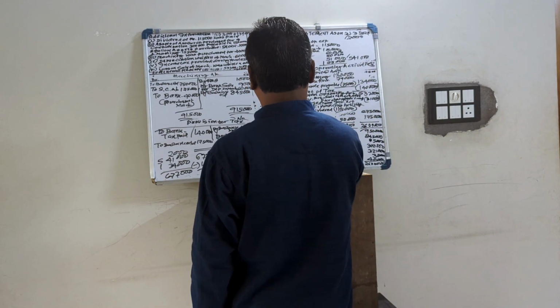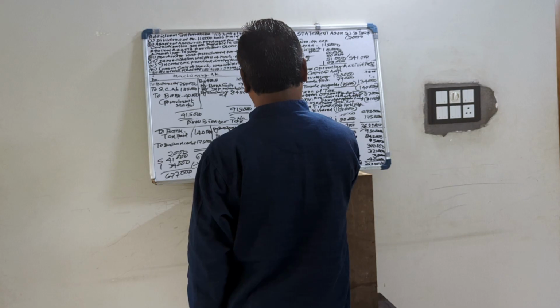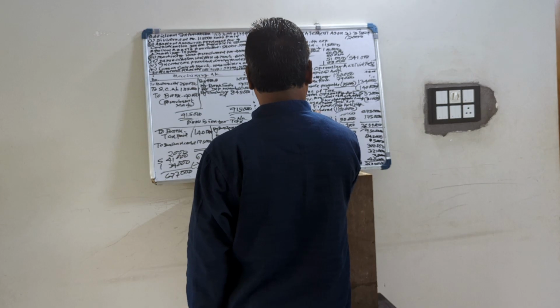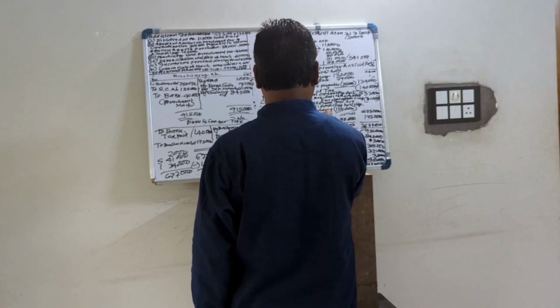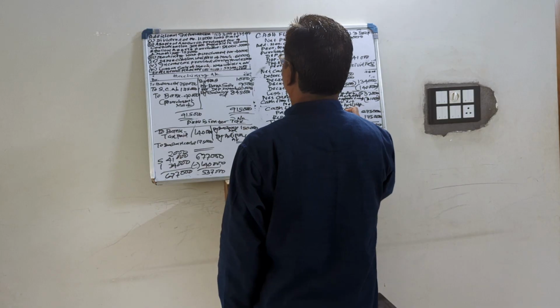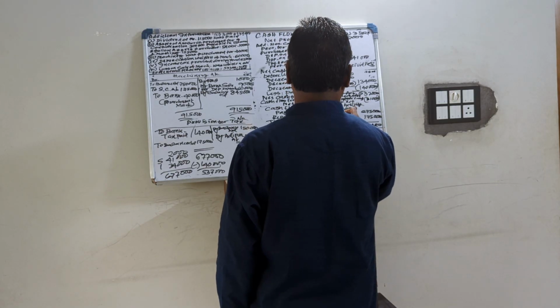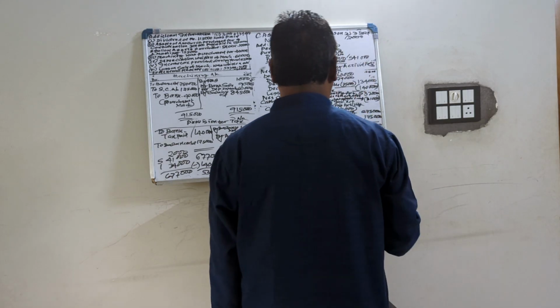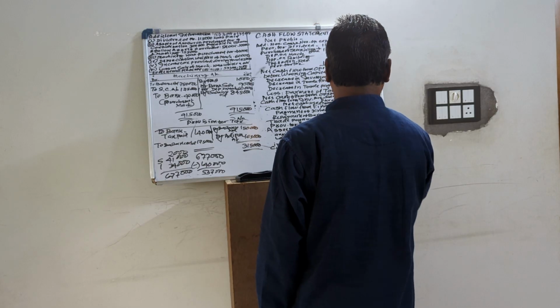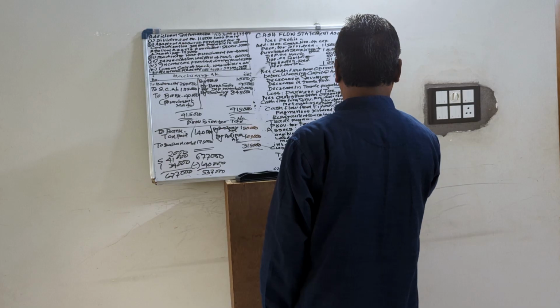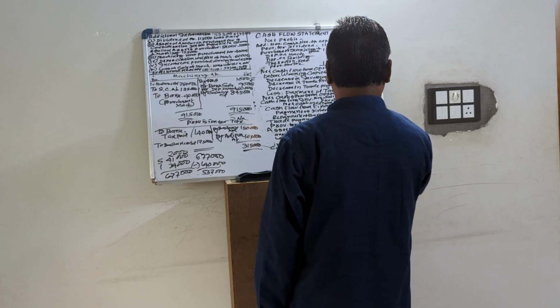Then another is repayment of bank long-term loan. It is also outflow of cash. This amount is 3,50,000. It was there in the beginning, and nothing now. So 4,65,000 will be deducted here.